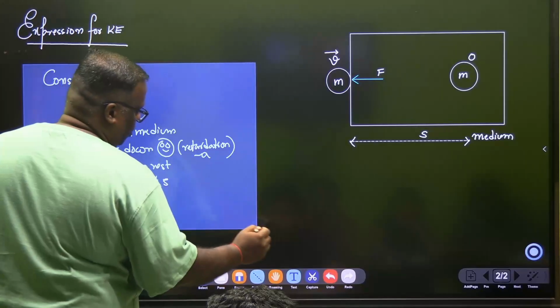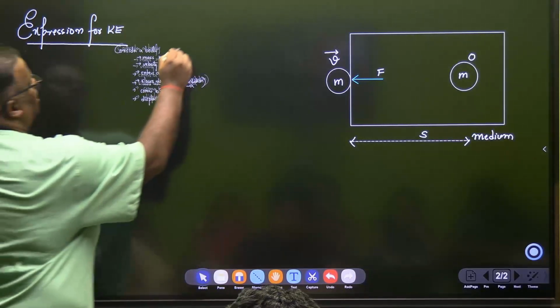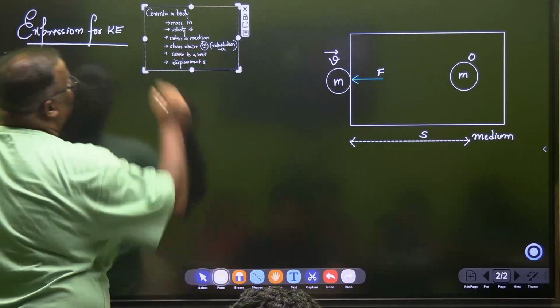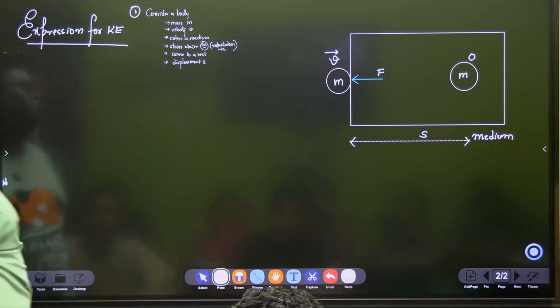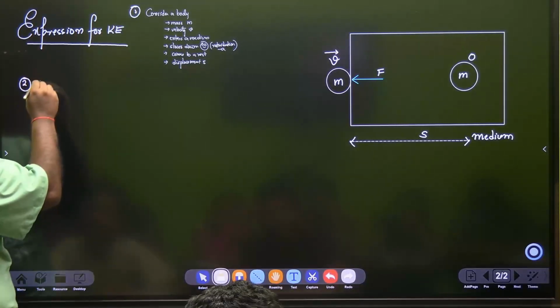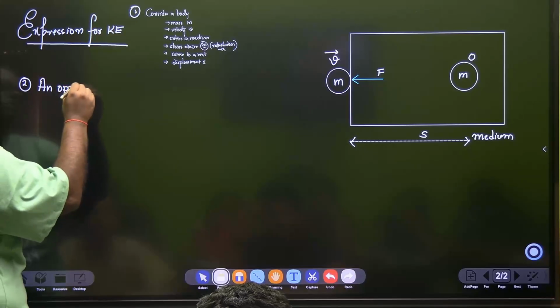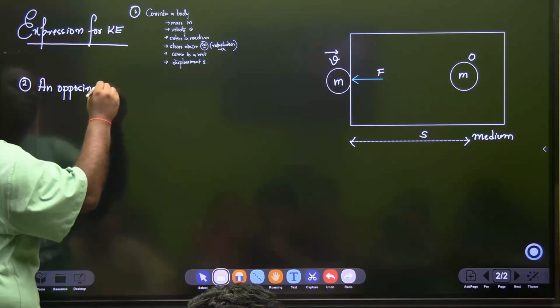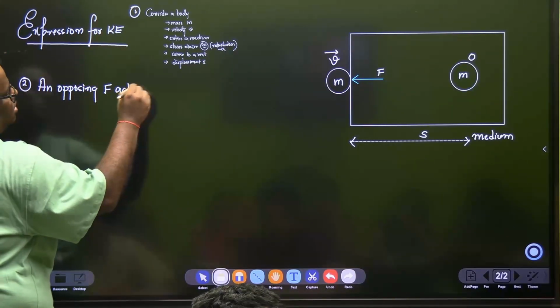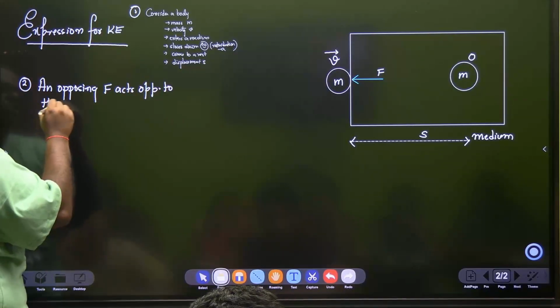So all understood. This is my first part, whatever I say, the consideration part. Number 1 part gone. Let's see the number 2 part. An opposing force F acts opposite to the motion of the body.